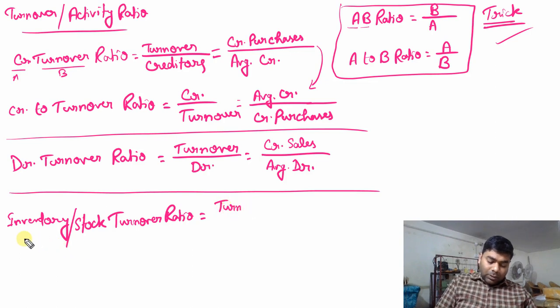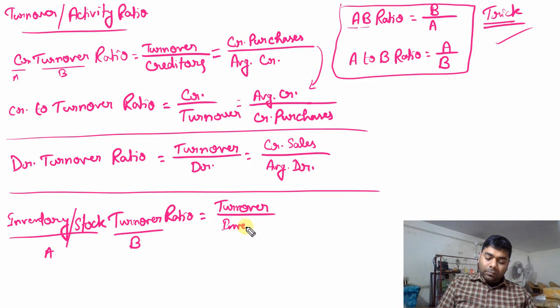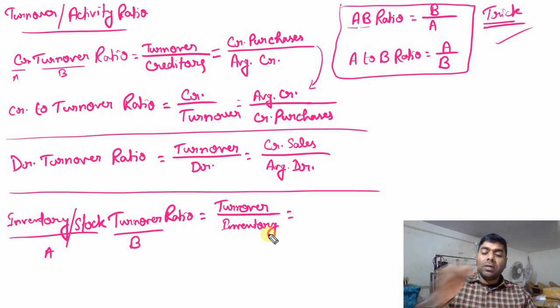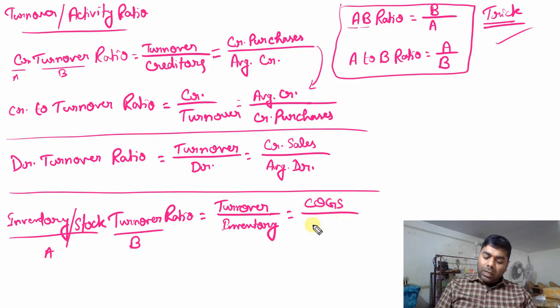Here this is A and this is B. And for us, what is turnover for the inventory? इन्वेंट्री के लिए बेटा टर्नओवर क्या होता है बताओ? इन्वेंट्री के लिए टर्नओवर होता है जितनी लागत का हमने सामान बेच दिया है, यानी कि कॉस्ट ऑफ गुड्स सोल्ड, जो हमने गुड्स सोल्ड किया उसकी कॉस्ट प्राइस क्या है? तो कॉस्ट ऑफ गुड्स सोल्ड, COGS अपॉन एवरेज इन्वेंट्री और एवरेज स्टॉक.